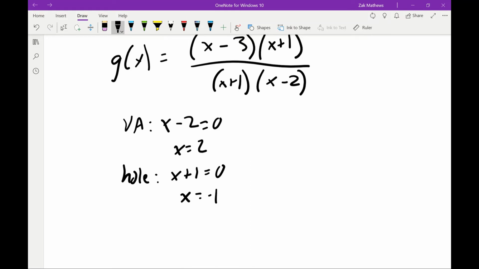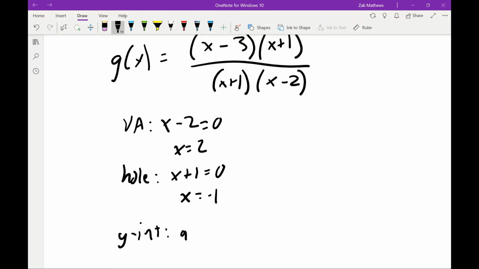My y-intercept, a little bit more work this time. It's not just constant because it hasn't been multiplied together. So the advantage of having it factored out, it makes those asymptotes a lot easier to find. But the y-intercepts and the x-intercepts are a little bit more tricky. The x-intercepts are actually easier, but the y-intercept is a little trickier. So I'm going to set my x equal to 0.